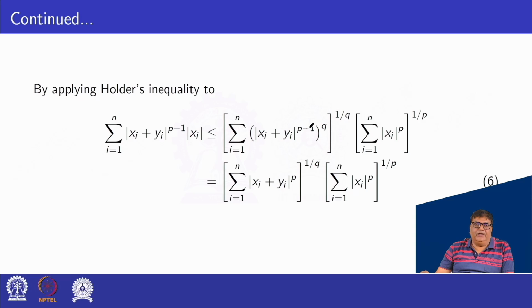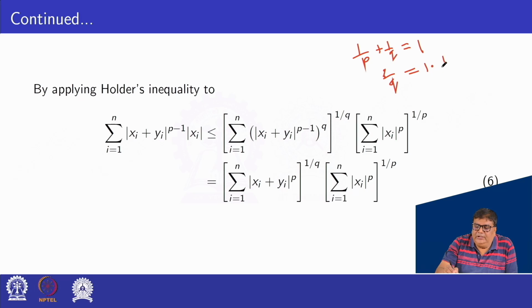Here (p-1) into q is p, because we know that 1/p + 1/q = 1. So 1/q = 1 - 1/p, that is (p-1)/p. Therefore, (p-1) into q is equal to p.